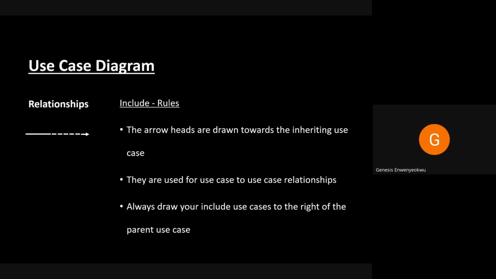We don't use it to represent actor to use case, neither do we use it to represent actor to actor. It is strictly use case to use case relationships. We also need to make sure that our include use cases are drawn to the right, not to the bottom now, but to the right of the parent use case. So the parent use case will be to the left, and the include use case would be to the right.